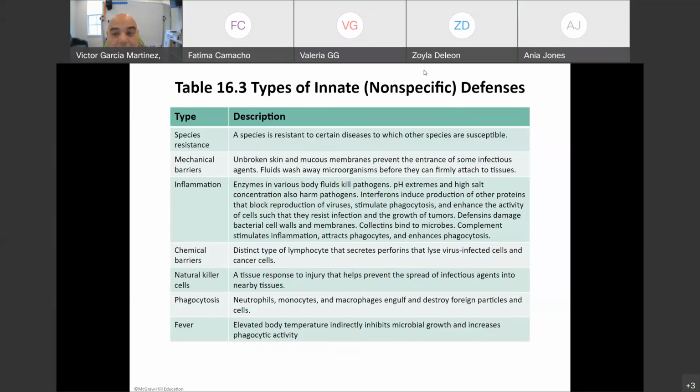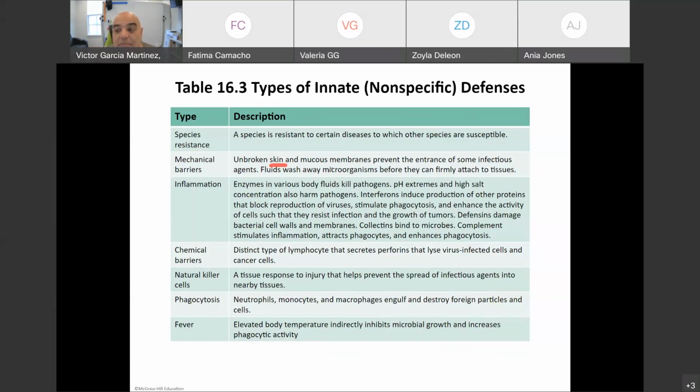Then I was talking about these mechanical barriers: your skin and mucosas. Remember, where you have mucus, in the respiratory tract, digestive tract, urinary tract, or reproductive tract, you're going to be able to trap in your mucus those potential germs that cause infections.